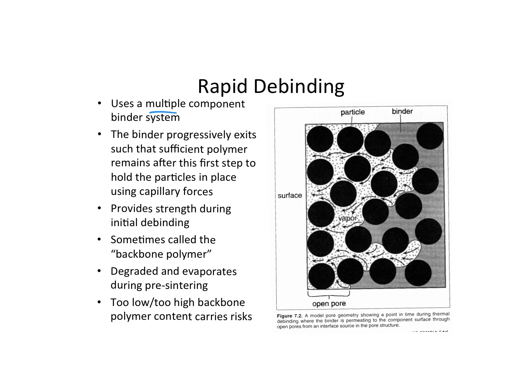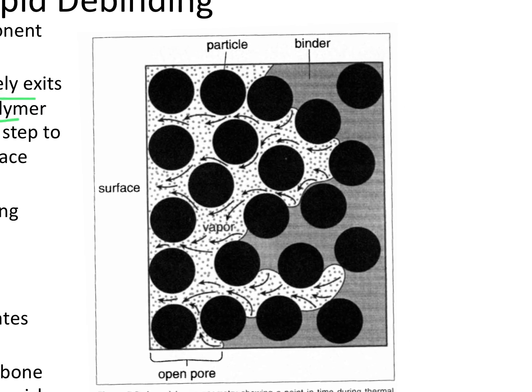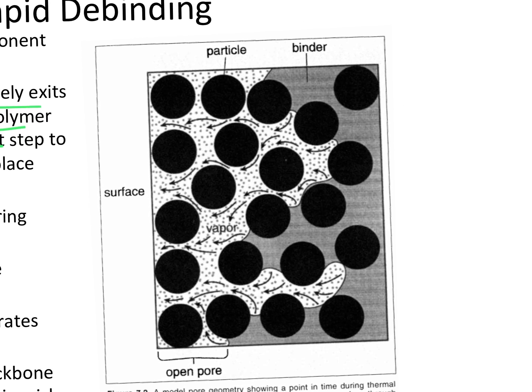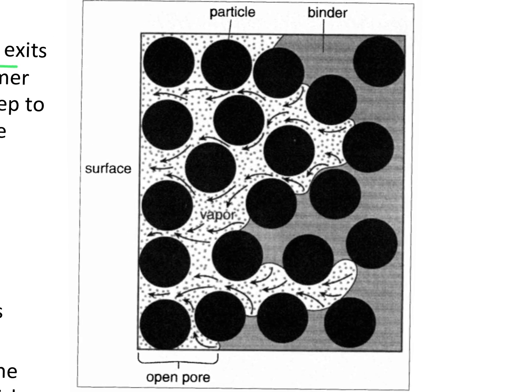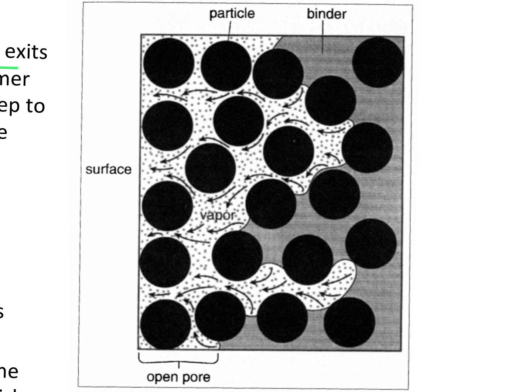And so what happens is the binder progressively exits such that sufficient polymer remains after the first step to hold the particles in place using capillary forces. We start with this compact containing these nice round particles, and this is where theory and practice pretty much echo each other. We start to remove some of the surface phase, and in doing so we're generating vapor, and then that vapor has to reach in and start removing at a deeper level, where things become more challenging because there's less oxygen, for example.